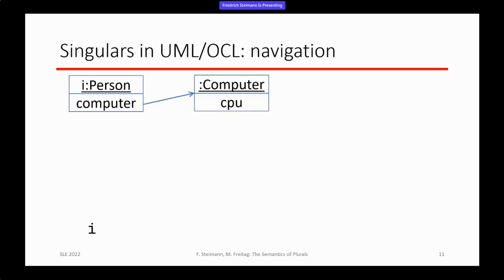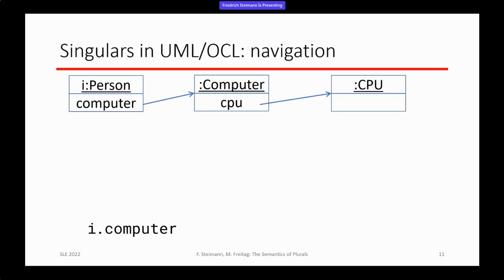Now, the person has this attribute, which you saw as a relational association in the previous diagram, called computer, and it links myself to a computer. So to access or navigate this association or relationship or attribute, I just write I.computer.